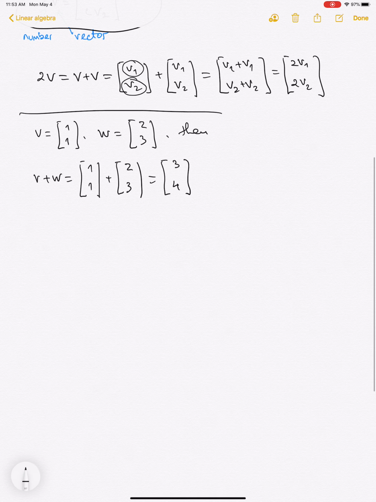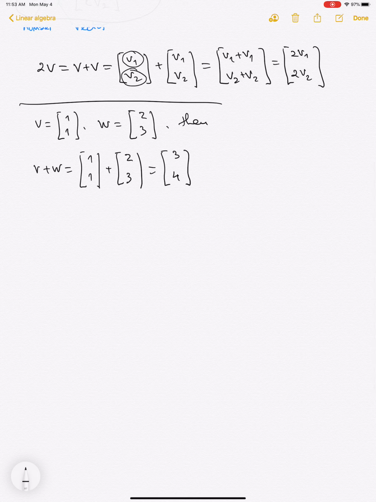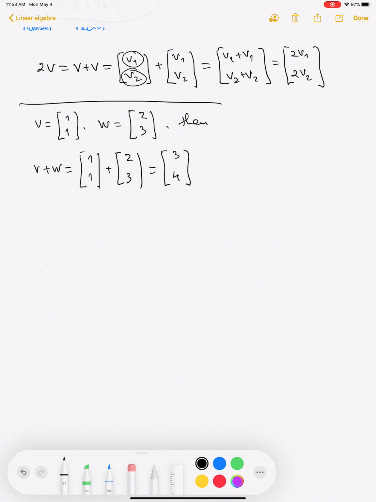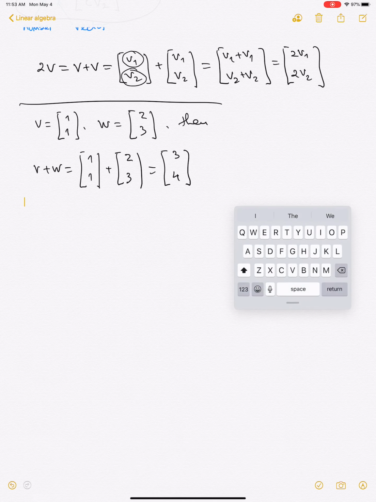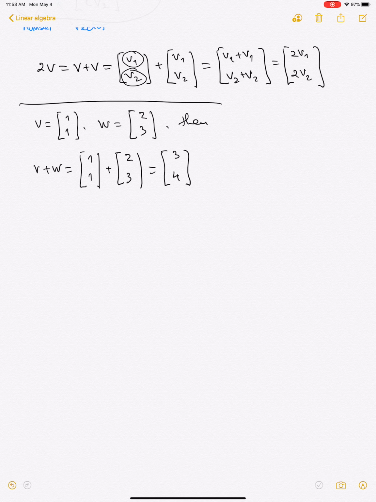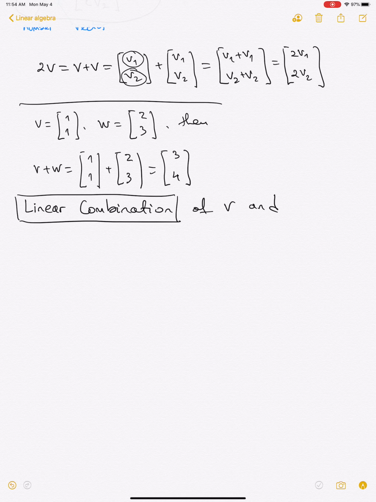Okay. Now we can combine addition and multiplication to get something more interesting. Let me say here a linear combination of V and W. How do we define a linear combination?